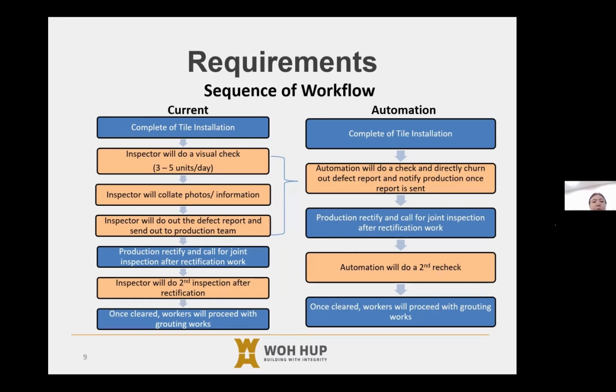Then from there, they will collate all the photos and defect lists, sort it out in the office and come up with the defect list to pass to our production team. After the production team receives the defect list and completes their rectification, they will call for a joint inspection. Then the inspector will do a second inspection to make sure that the rectification is done according to acceptance. Then once cleared, they can proceed with the next phase of work.